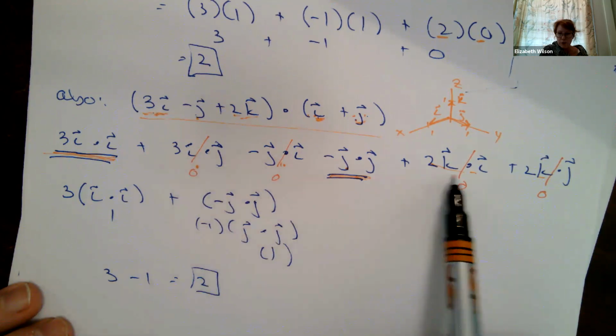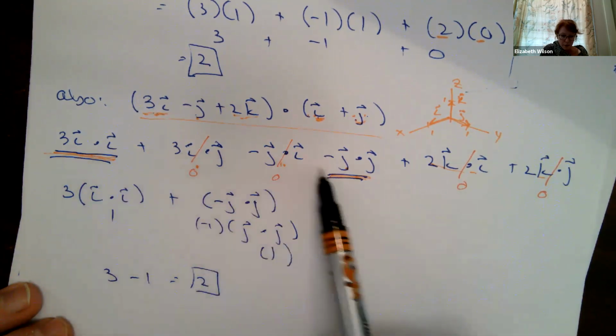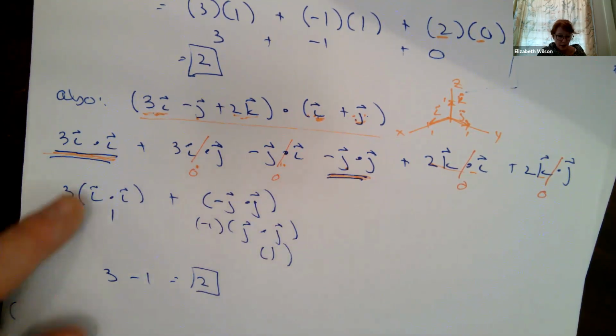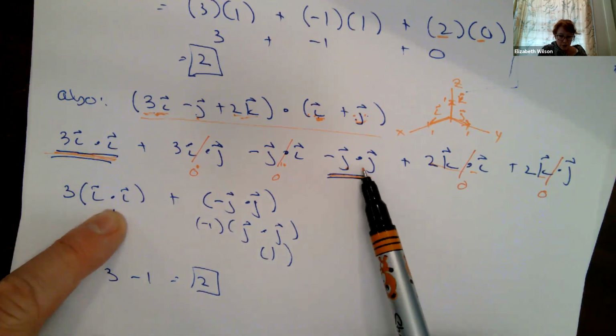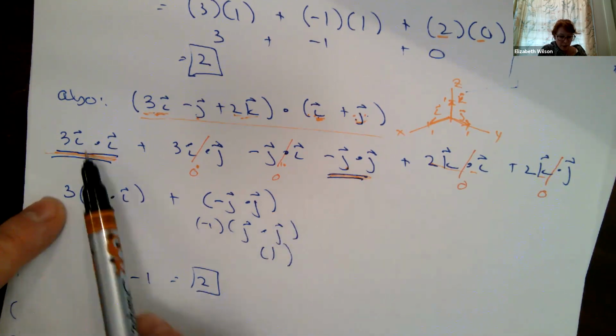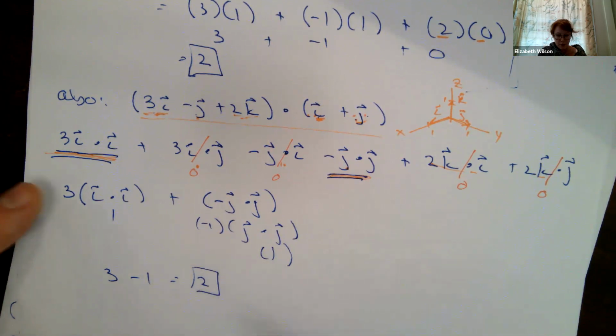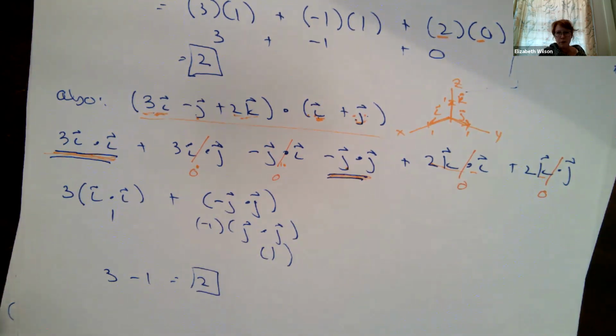So that's why all of these other terms reduce down to 0, and I'm only worried about this one and this one. i dot i is equal to 1, j dot j is equal to 1. So I have 3 minus 1 gives me 2. It should be the same answer as before. It's just more math, more algebra.